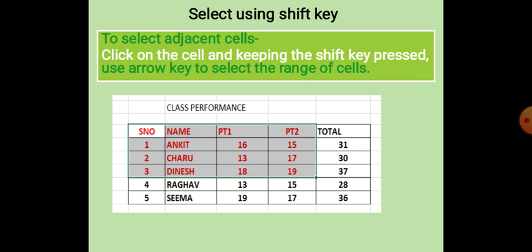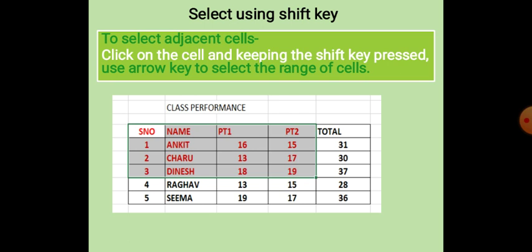Now we can also use the shift key and control key for selection. First we will discuss the shift key. To select adjacent cells, meaning the cells that are nearby, continuous cells, we use the shift key. First we click on one cell and then press and hold down the shift key, and use the arrow keys to select the cells of the range.